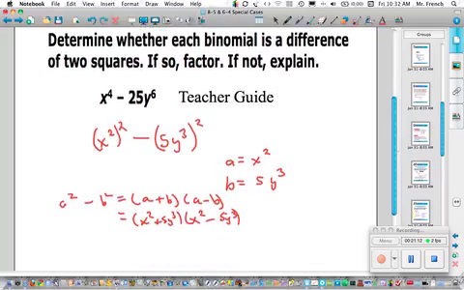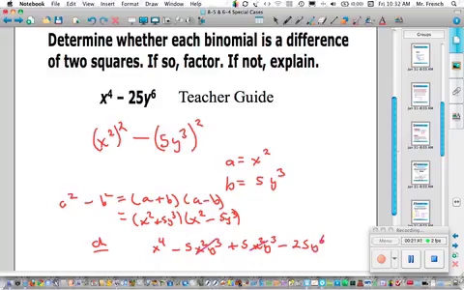Now I've factored it. By the way, at this point, if we stick with what we've been doing the last couple days, we probably should check it. So if we check it and we FOIL it, it's going to give us x to the fourth minus 5x squared y to the third plus 5x squared y to the third minus 25y to the sixth.